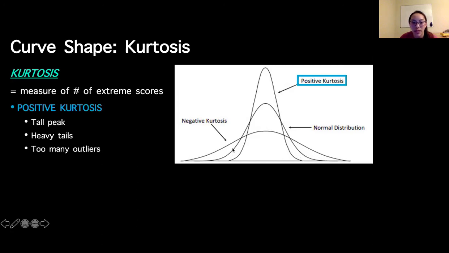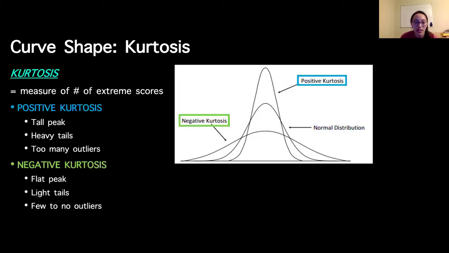So instead of being nice and symmetrical, where we have a fairly spread out distribution, right, where 95% of our data is pretty well spread out, instead we have this high concentration in the center and a lot of outliers in the tails. Okay, so that's positive kurtosis.